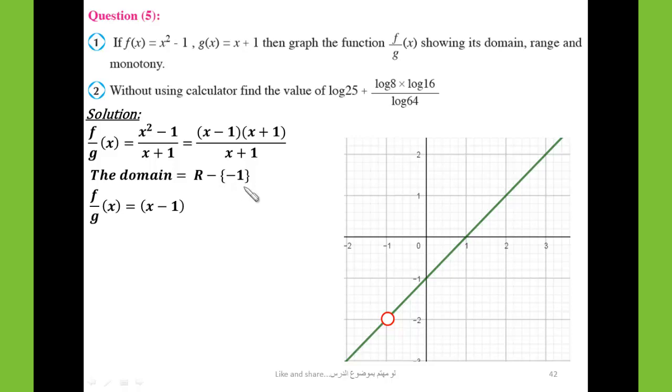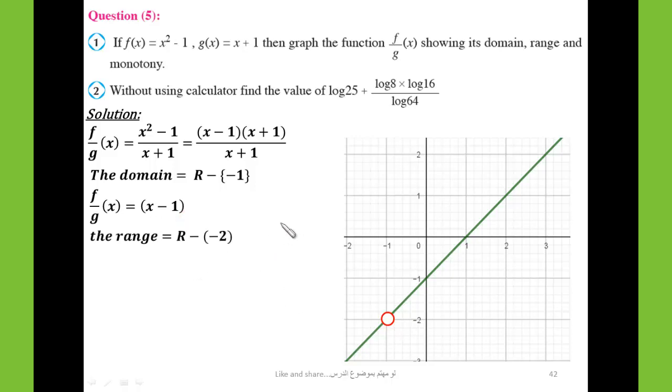What is the value of f over g when x equals -1? It is -2. So we put a circle to express that the function does not exist when x equals -1 and y equals -2, substituting x equals -1 in this part.